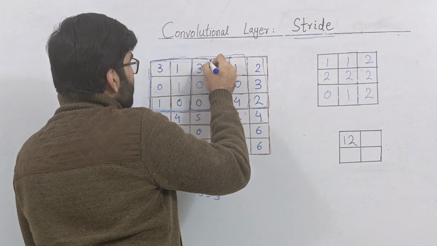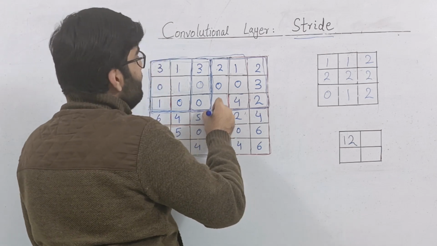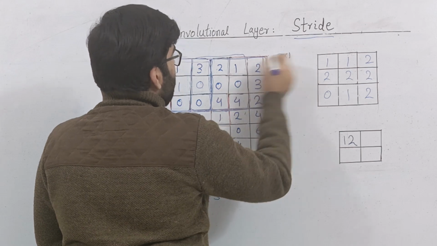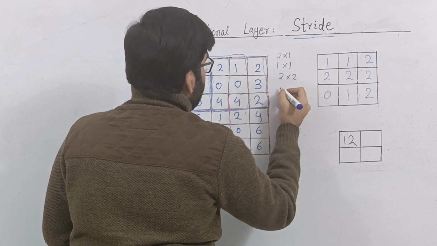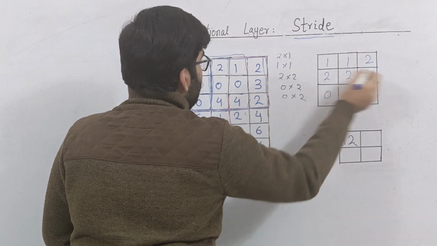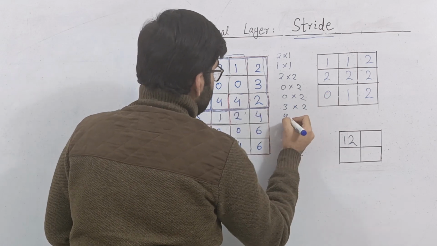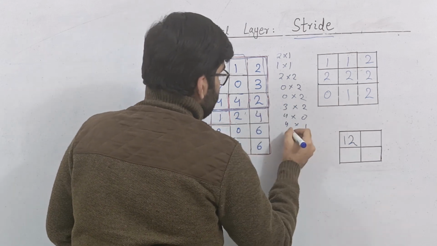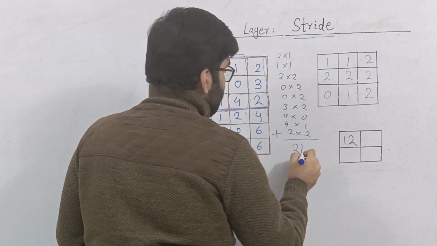Now when we move the kernel to here with a stride of 3 and multiply the corresponding entries, 2 by 1, 1 by 1, 2 by 2, 0 by 2, 0 by 2, 3 by 2, 0 by 4, 4 by 1, 2 by 2. Adding up all these will give us a 21. We place that here.